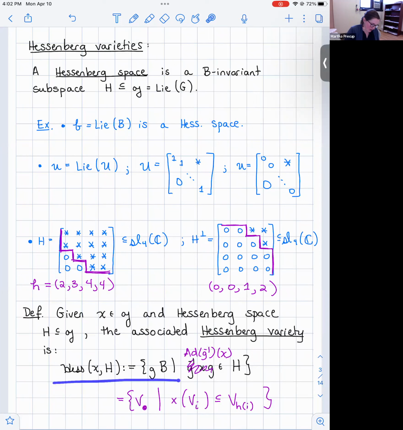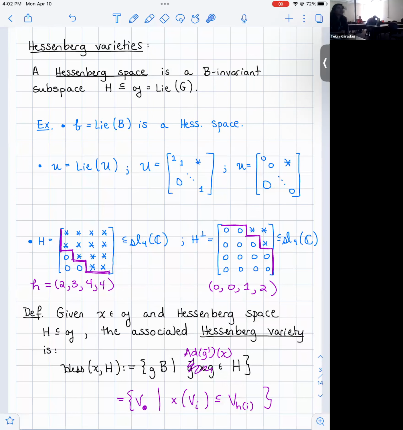Here's the definition of a Hessenberg variety, right? And what is important is that the Hessenberg space is invariant under the Borel. So you can easily define a G mod P version of this thing. Right, yeah. And you're going to require that your subspace be P invariant.